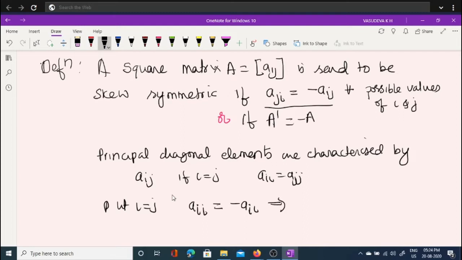So this implies Aii, taking it to the left hand side, plus Aii equals 0, and this implies 2Aii equals 0. This implies Aii is equal to 0.